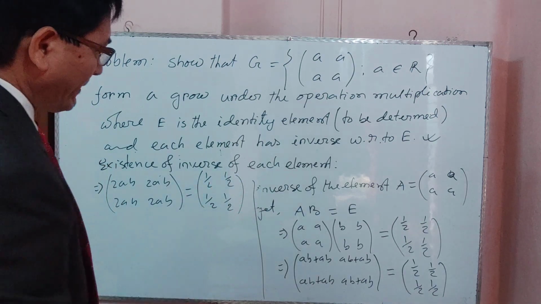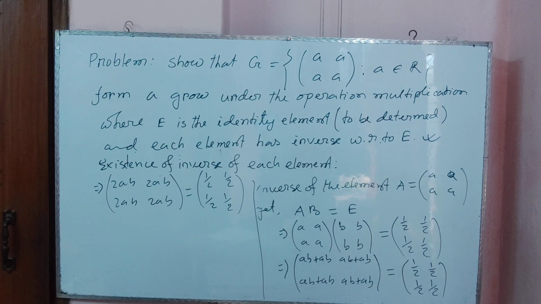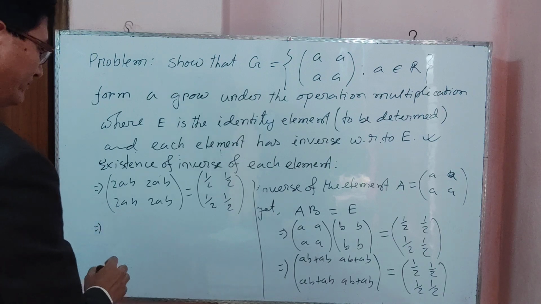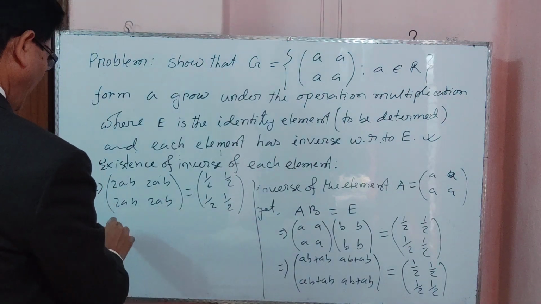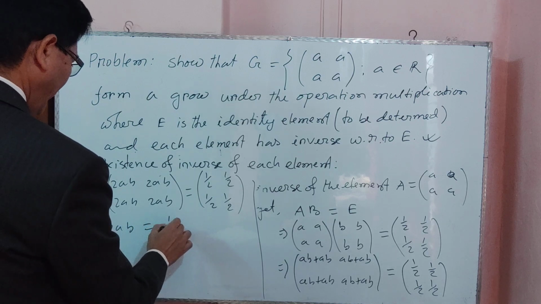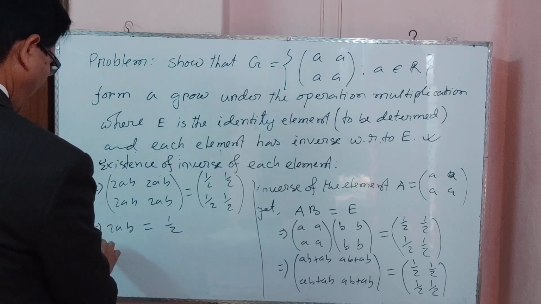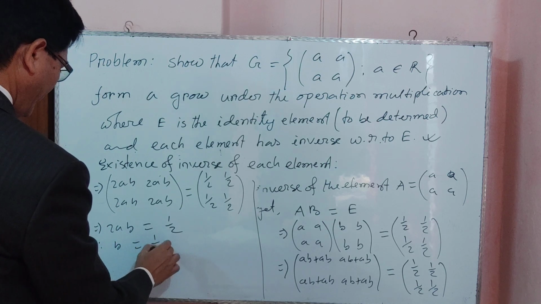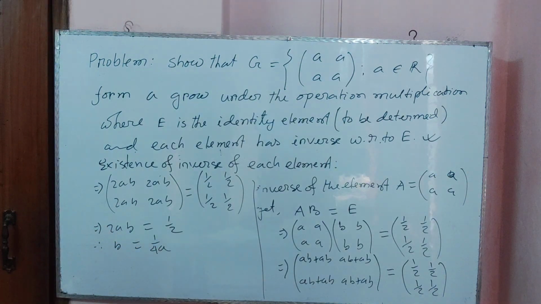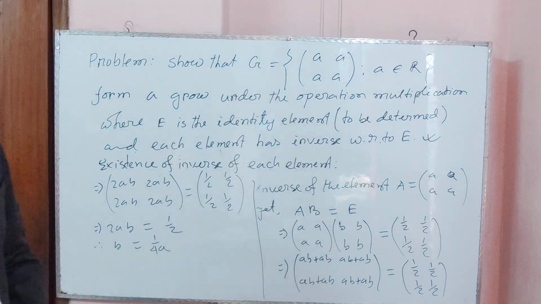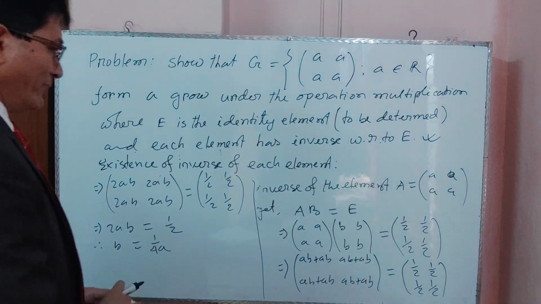So now using the property of equivalent matrices, we get 2AB equals half. Therefore B equals 1 by 4A. Dear students, we get 1 by 4A.